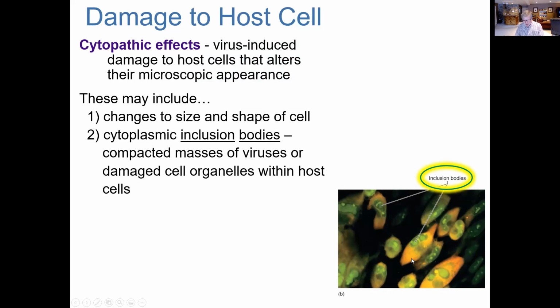So in this particular stain, which is not in your book, this is from an earlier edition. And I wish they would have kept it because I do like it.